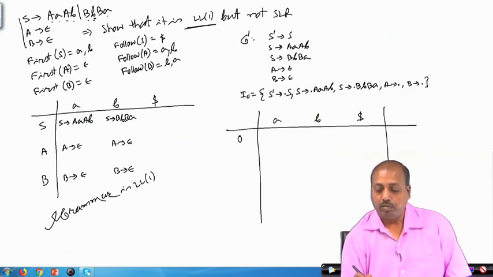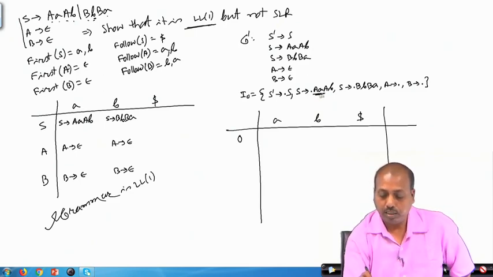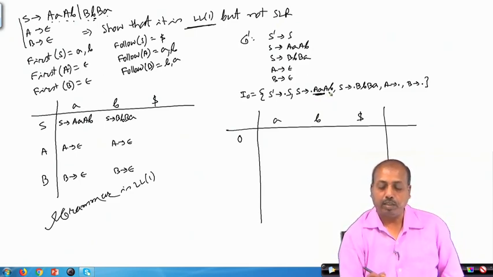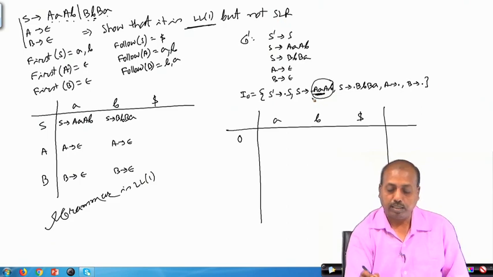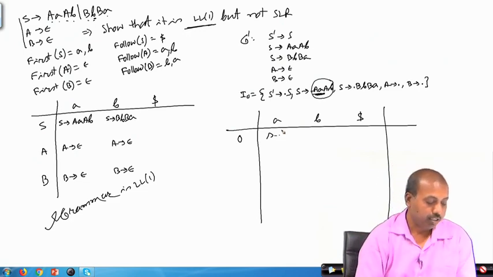part. Now, this item tells me that whatever is in the first of this right hand side, there I have to do a shift operation. Since A can be reduced to epsilon, the first of this contains small a. So, this says shift, going to a new state.